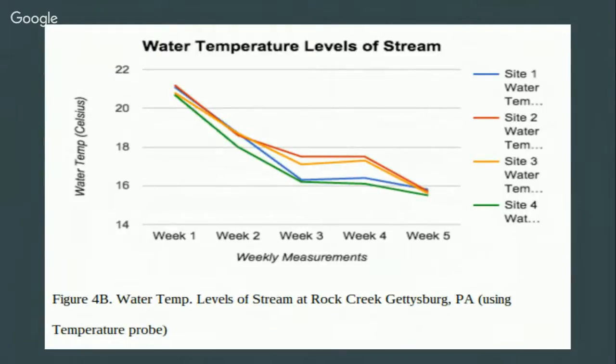This graph shows the water temperature levels of the stream at Rock Creek using the temperature probe. Water temperature decreased over the testing period.